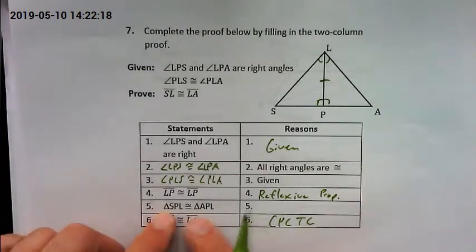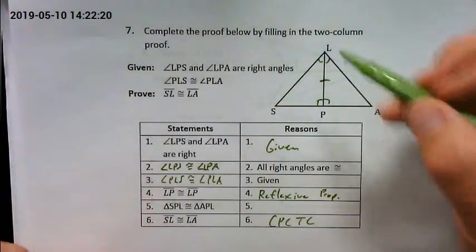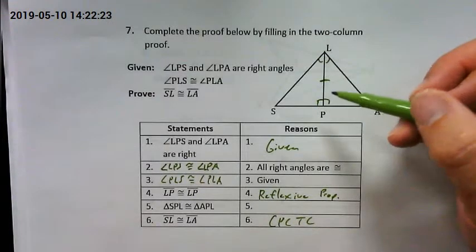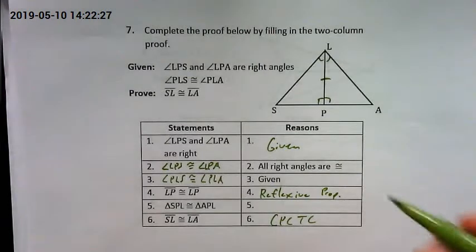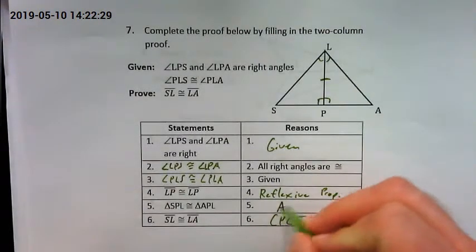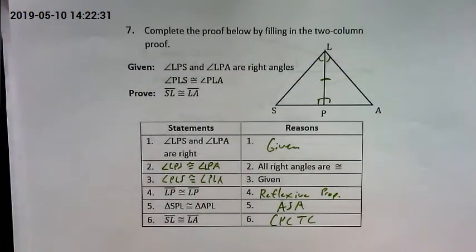All right? All right, last part. We have three parts. Which three parts do we have? ASA. Now, they can say this a couple ways. They could just say ASA as an abbreviation. They could say, spelling it out, angle, side, angle.